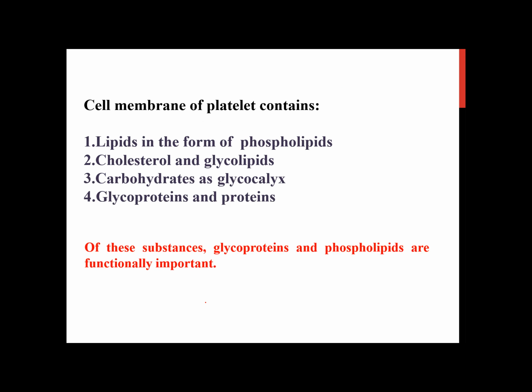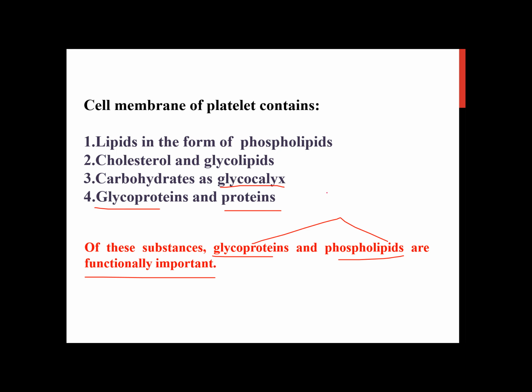Now, the cell membrane of platelet would contain lipids class in the form of phospholipids, cholesterol and glycolipids, carbohydrates as the glycocalyx, and glycoproteins and proteins. Now, of these substances class, glycoprotein and phospholipids are functionally important.